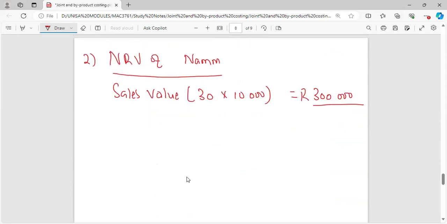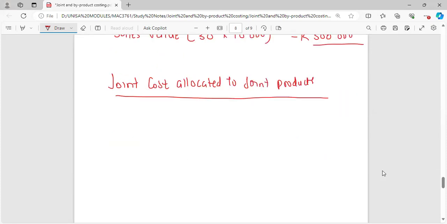So which means the next thing that we are now going to do is to have the joint cost allocated to joint products. So we are going to have, who is this one?